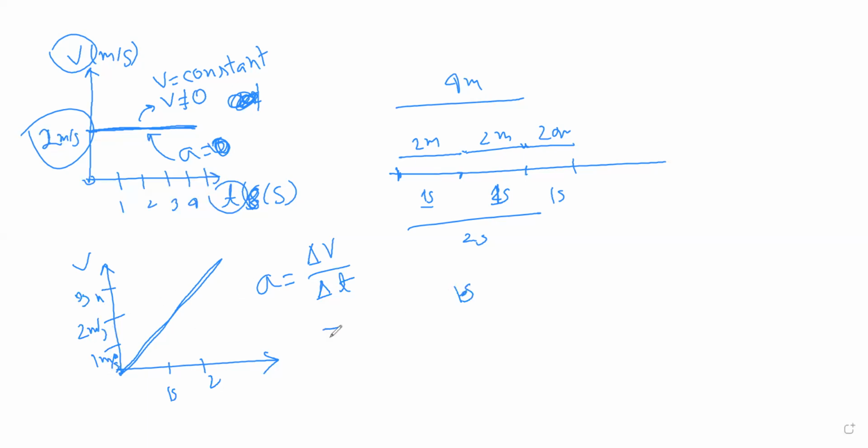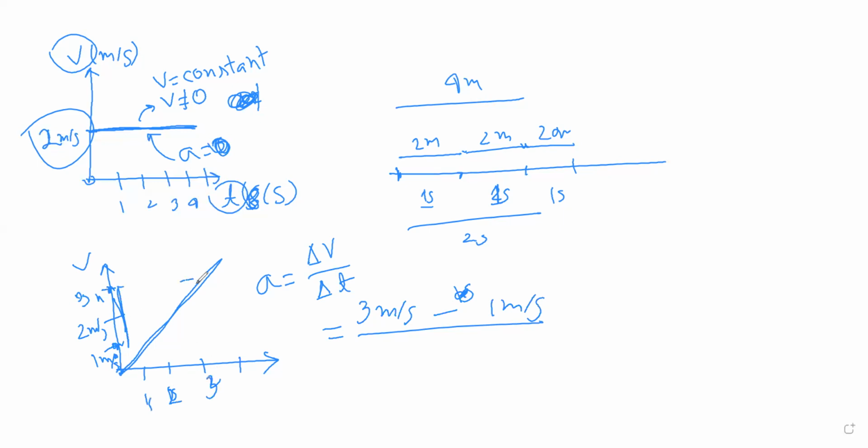Now if we want to calculate for 3 seconds what the acceleration was, from here to here, how much does it accelerate? We can say 3 meters per second minus 1 meter per second. This acceleration happens over a time duration. Suppose this is 1 second, this is 2 seconds, this is 3 seconds.